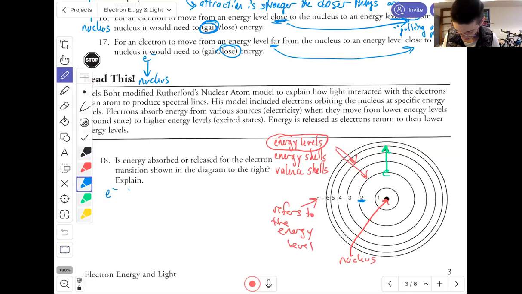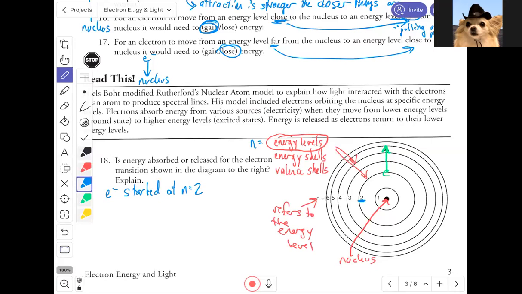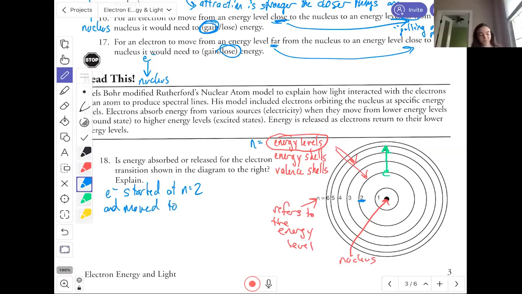So the electron started at n equals 2, and n just represents energy level. And where did it end up? The 5th energy level. I believe that's 2, 3, 4, 5. So it ended at n equals 5.